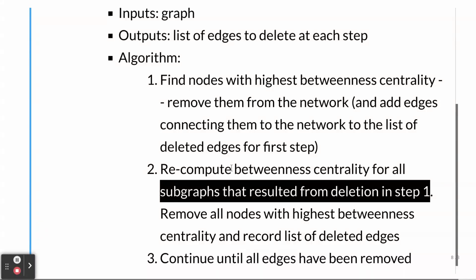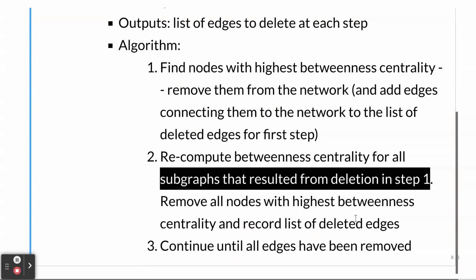Now that we have these new betweenness centrality measures, what we'll do is remove all nodes and corresponding edges with the highest betweenness centrality.